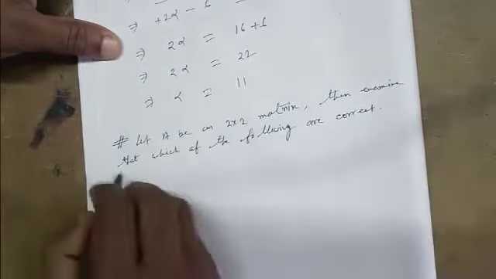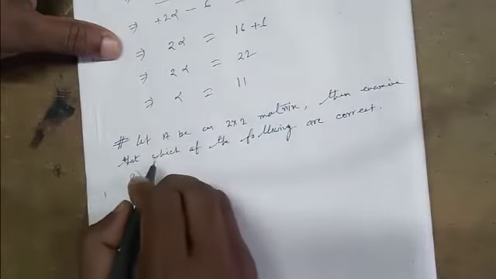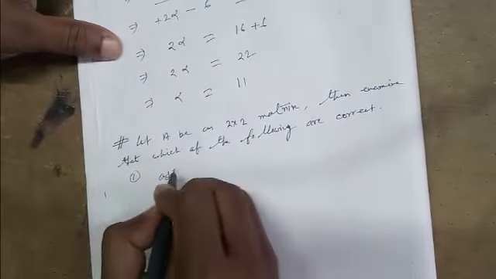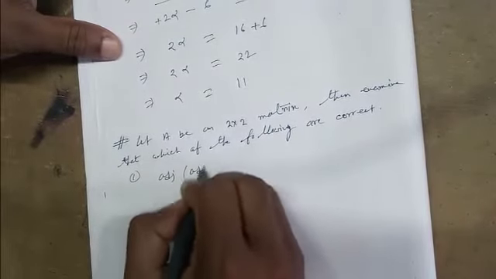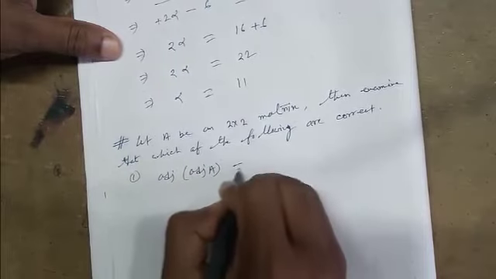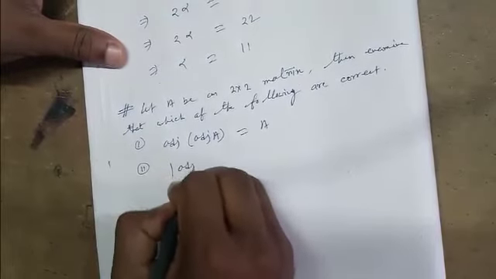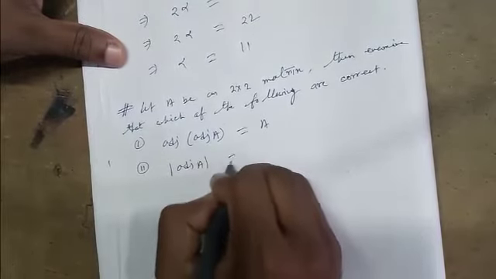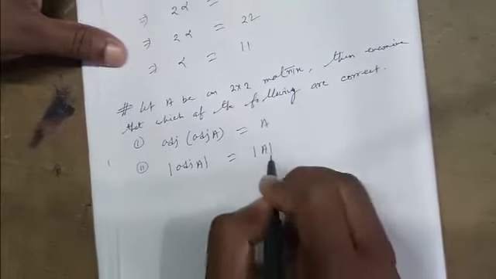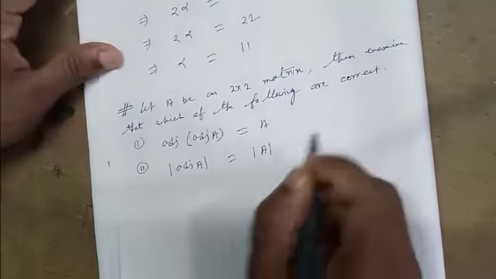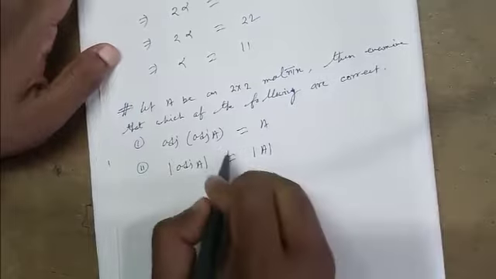Number 1 is adjoint of adjoint A equals A. And number 2 is determinant of adjoint A equals determinant A. We have to check whether these results are correct or wrong.